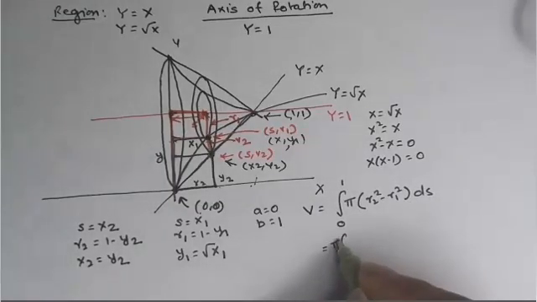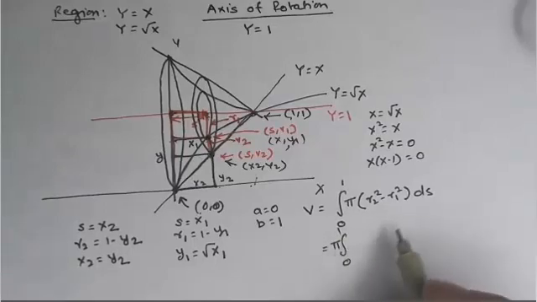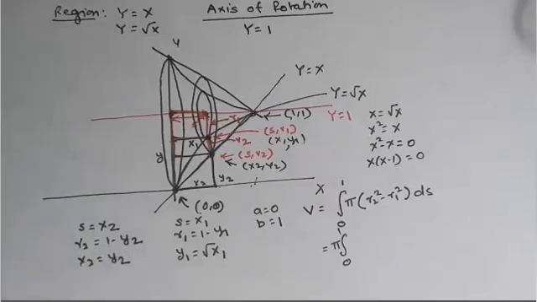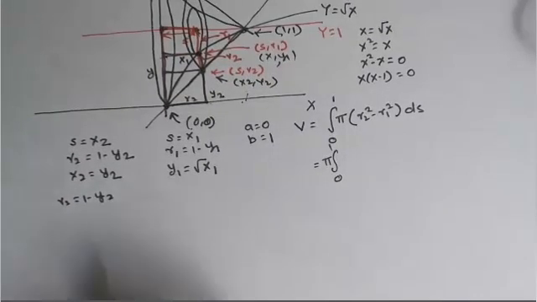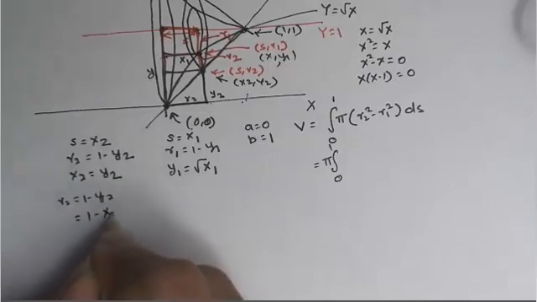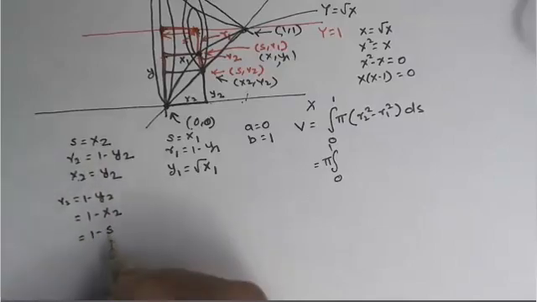and this is pi. I'm pulling the pi out. R2 squared, now I have to get R2 in terms of s. So R2 is 1 minus y2, which is the same as 1 minus x2 because y2 equals x2 and x2 equals s. So 1 minus s.